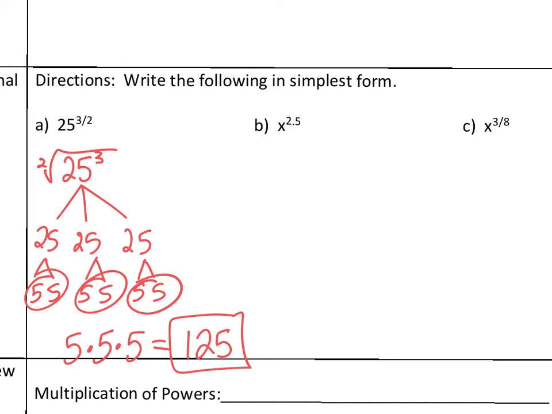Questions on that? Okay, let's go to the next one. This one's weird. It's x to the 2.5 power. I don't like decimals, okay? So I want to convert this to a fraction. 2.5 as a fraction could be what?